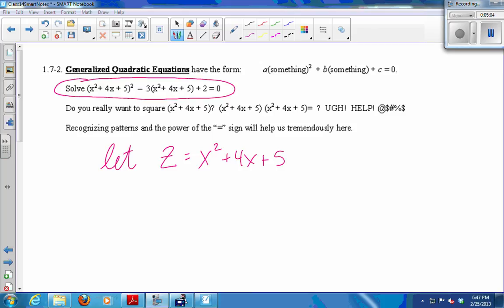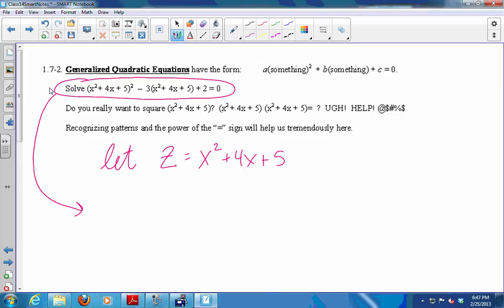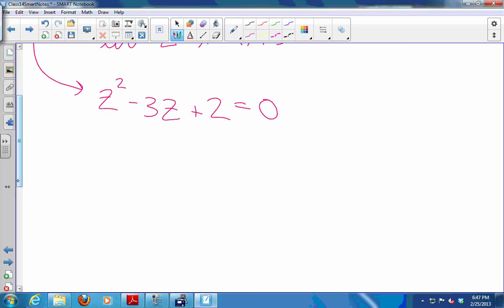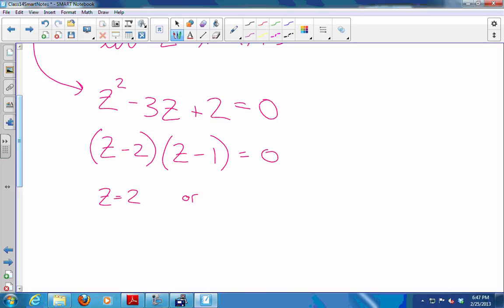So this equation, if I replace all that ugliness with a z, it now just says z squared minus 3z plus 2 equals 0, which is so much nicer, right? So much cleaner. This thing we can solve for z. It factors: z minus 2 times z minus 1. So z equals 2 or z equals 1.